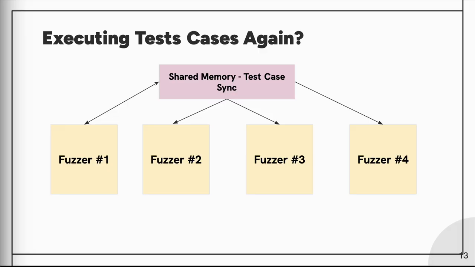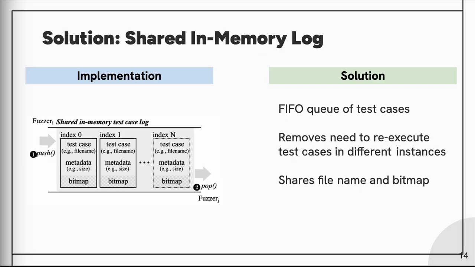The authors propose that there has to be a better way of synchronizing memory between all fuzzing instances instead of this very intensive rerun process, which is especially harmful when the SUTs, or software under test, are very large and very, very slow.